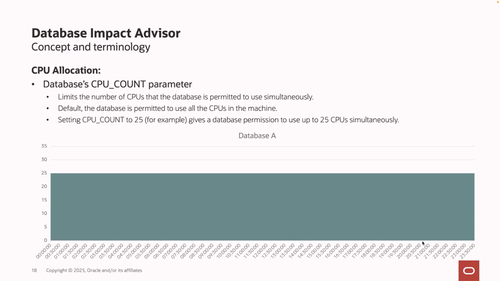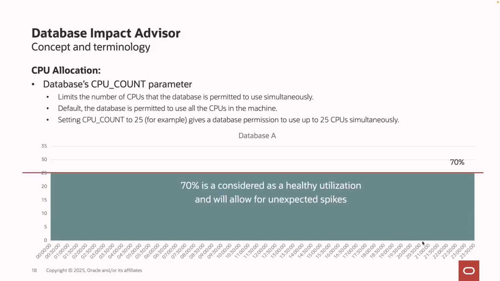The CPU count limits the number of CPUs that a database is permitted to use simultaneously. So in this environment, let's say we have 40 CPUs. A single database may have, in this case, 25 CPUs. And that means you can never, ever be beyond 25 CPUs at any time.